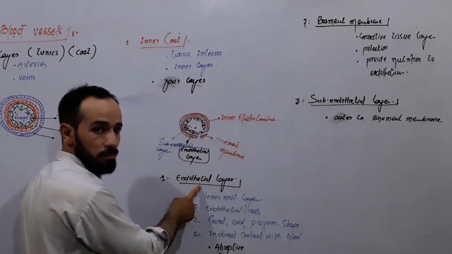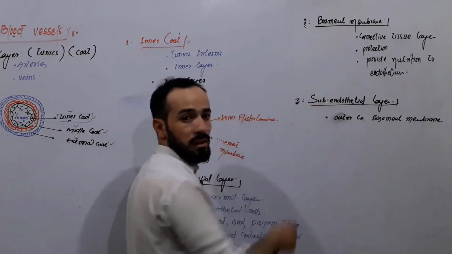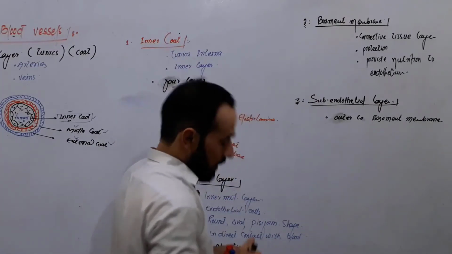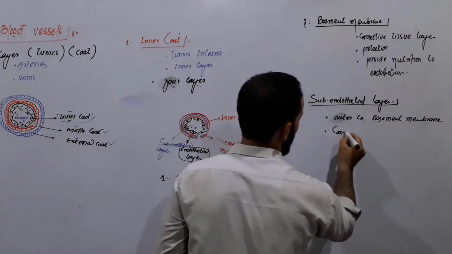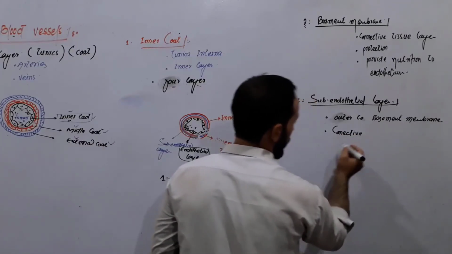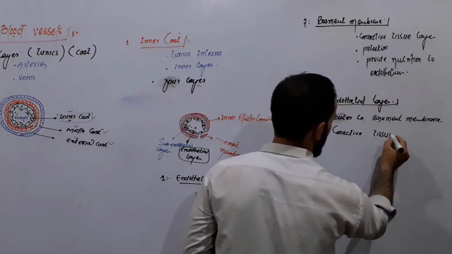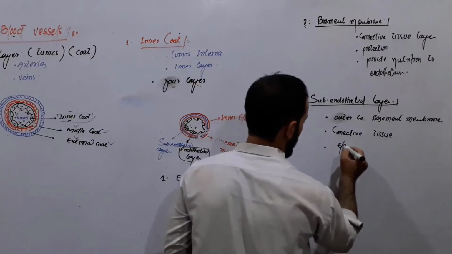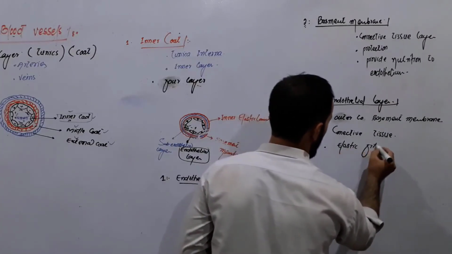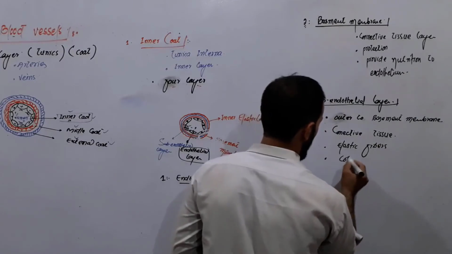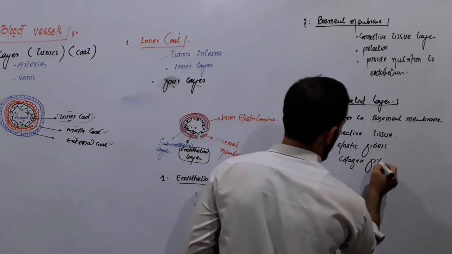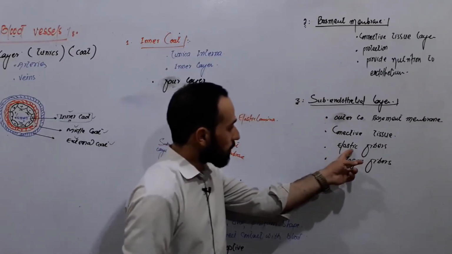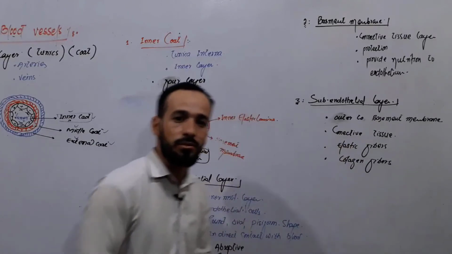The first is endothelium, then basement membrane, then subendothelial layer. Its composition is that it is made up of connective tissue, I will show you in the diagram. It also has some elastic fibers and collagen fibers. So I think it is a protective layer, made up of elastic fibers, collagen fibers and other connective tissue substances.